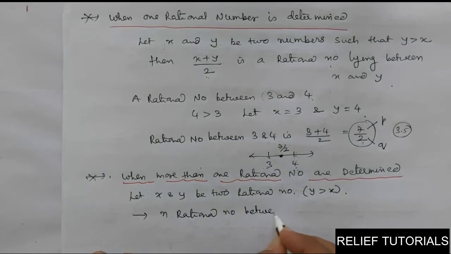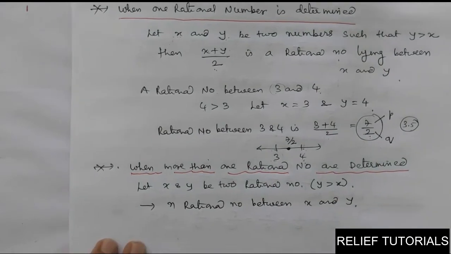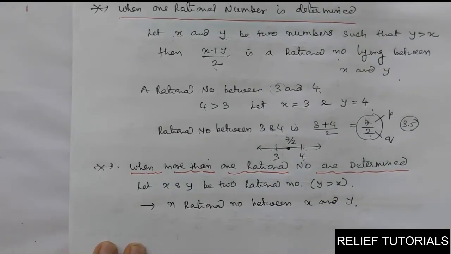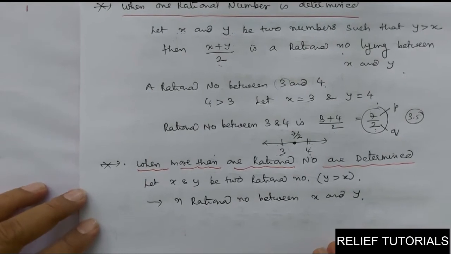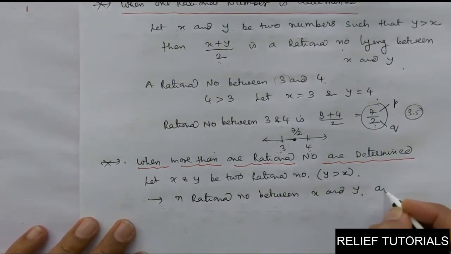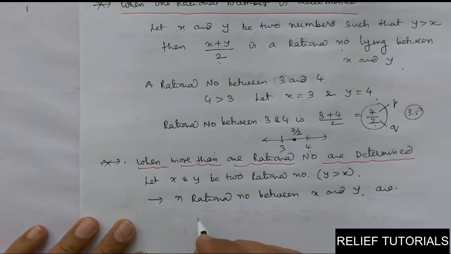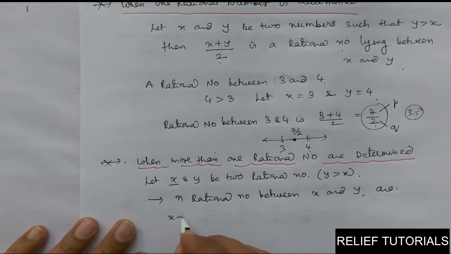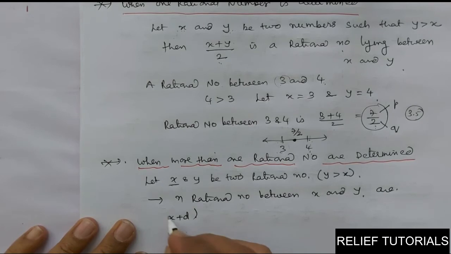So first you have to find d. Then the n rational numbers between x and y are, see here, the first is x plus d, this is one rational number.